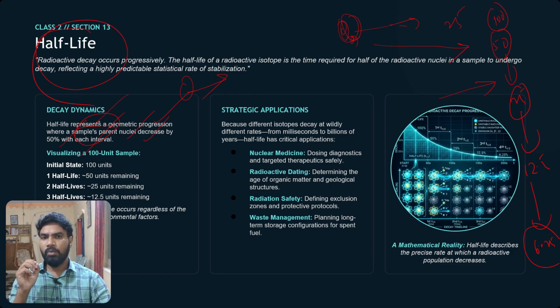So what is half-life? Half-life represents the geometric progression where an element's parent nuclei decreases by 50% with each interval. For example, 100 units of an atom or an element are there. Initially it has 100 units.